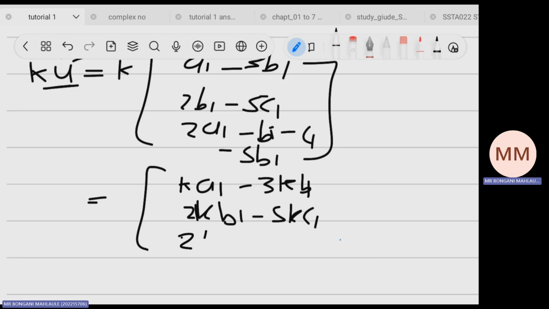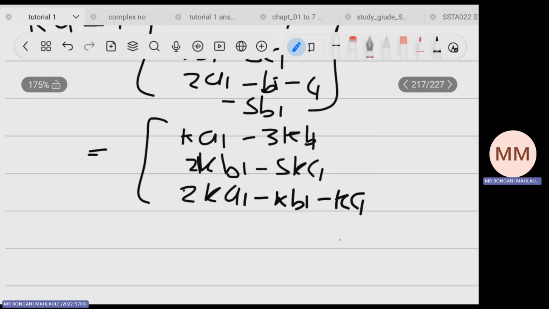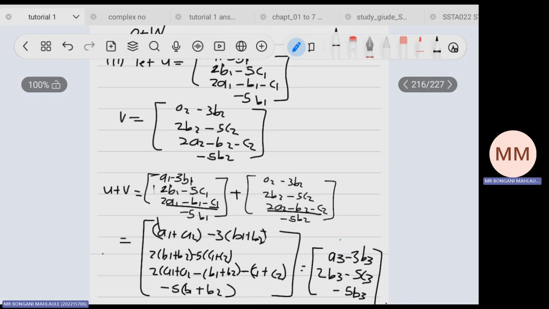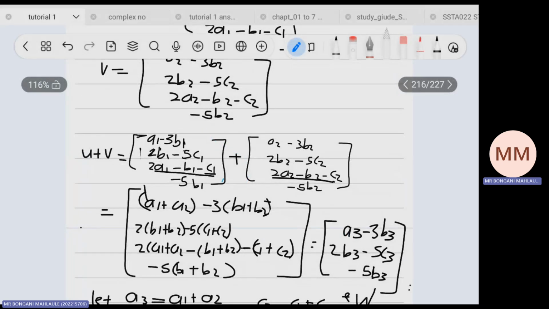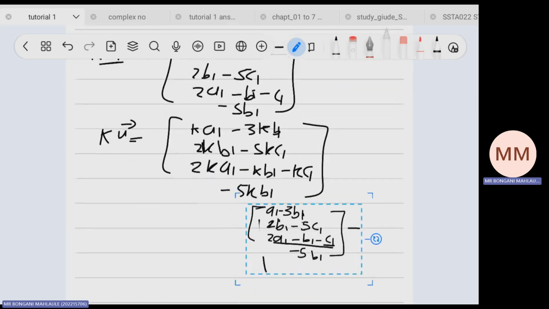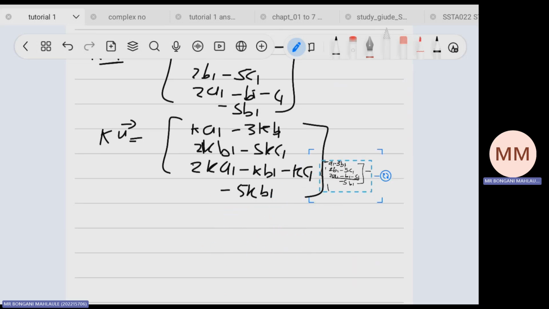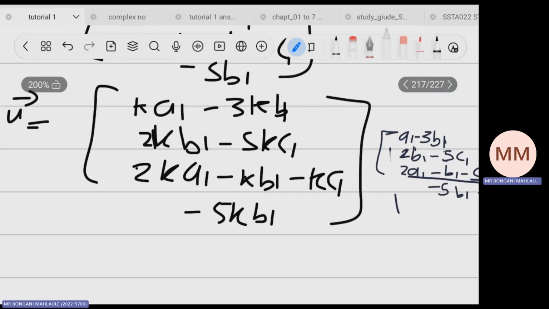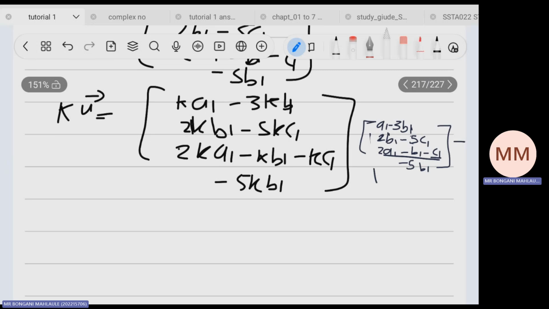Then here you'll have 2KB1 minus KC1. So this is our matrix. We're multiplying matrix U. We know that matrix U was equal to this. So we're just multiplying matrix U with our constant, which is K.